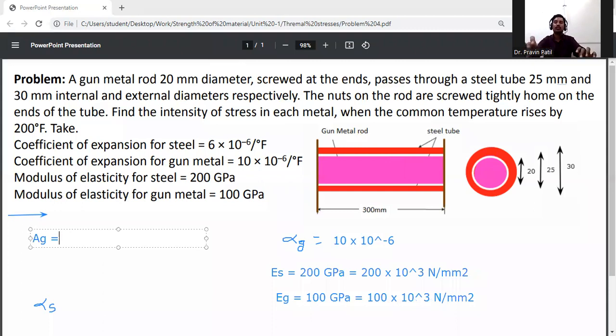Ag is equal to pi by 4 into dg square, where dg is the diameter of gunmetal, which is 20 mm.